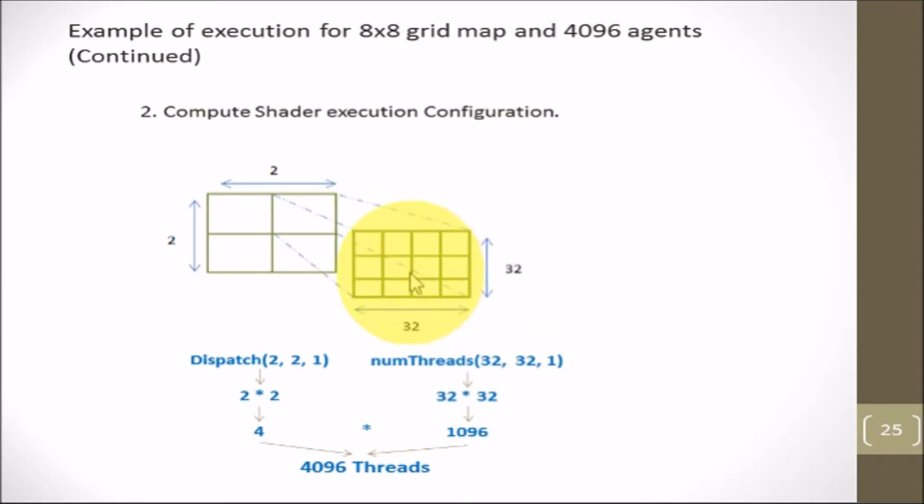So the thread group will have 1096 threads within it, and there will be 4 such thread groups overall getting executed on the GPU. So at the end we will get 4096 threads running on the GPU concurrently. So this is the exact amount of agents we want to process for the pathfinding algorithm. So this is how we execute the naive approach for the A star algorithm, which is type 1.